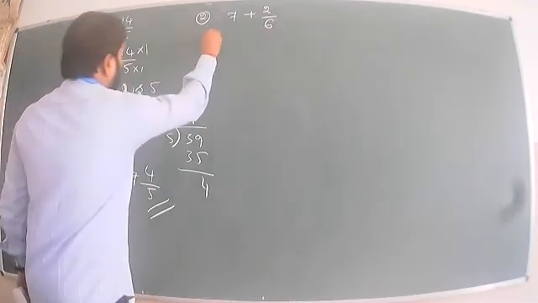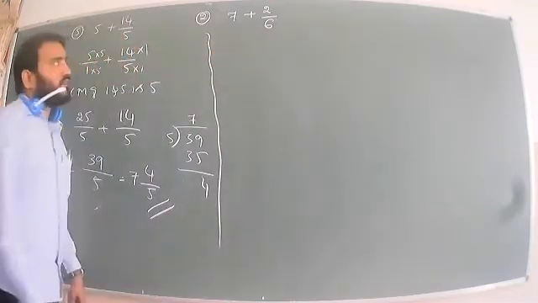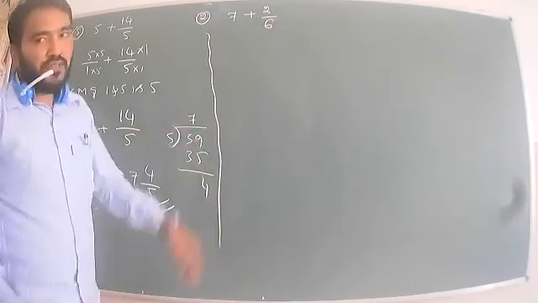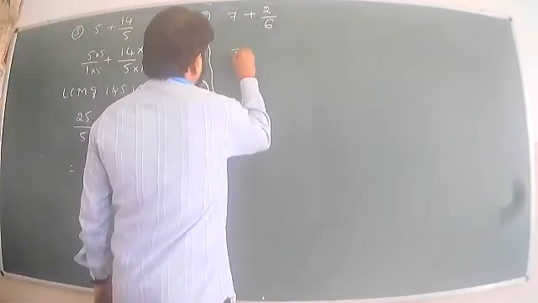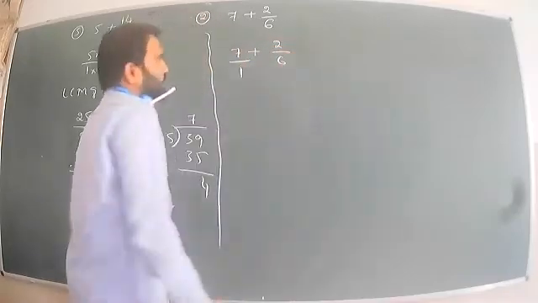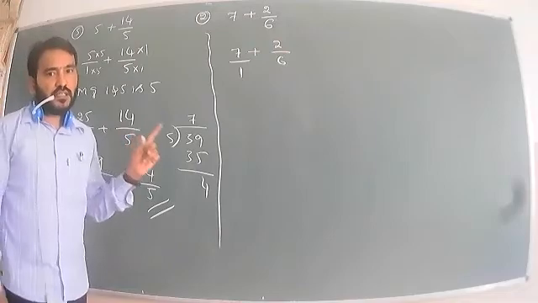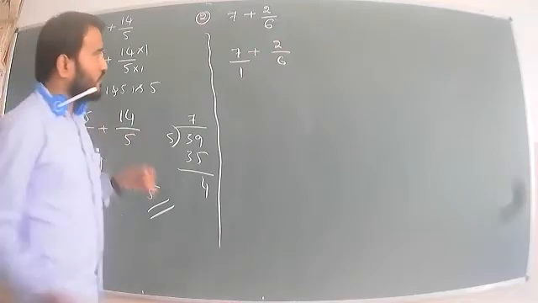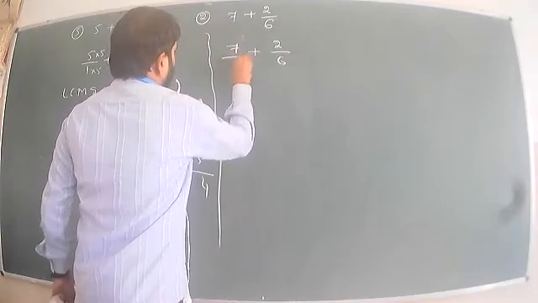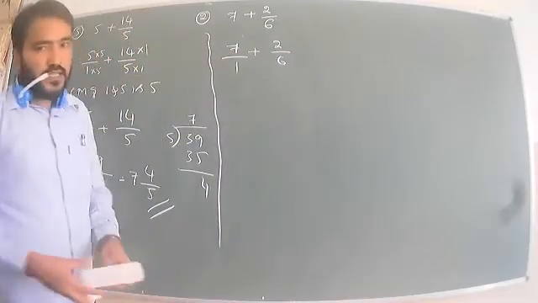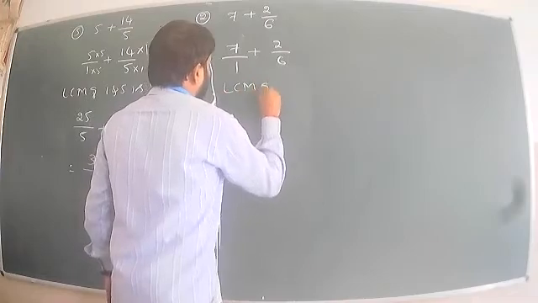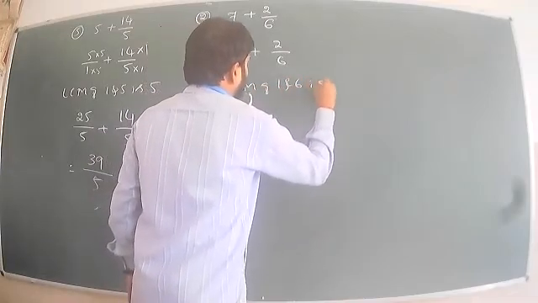So this is how to add. Same for the question 7 plus 2 by 6. We can follow the same procedure. 7 plus 2 by 6, the denominator is 1, since there is no denominator. So we take 1, 7 by 1. Now take the denominators. The LCM of 1 and 6 is 6.